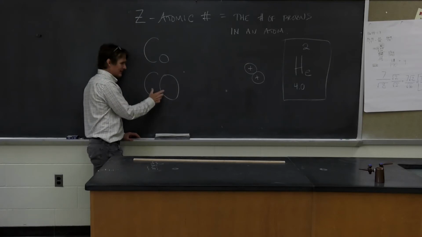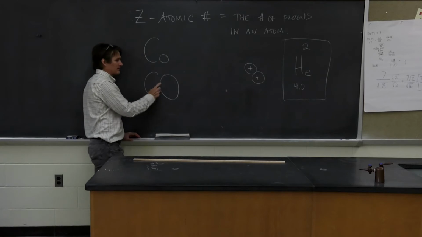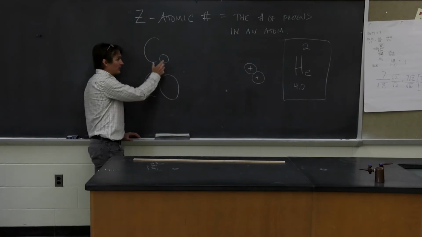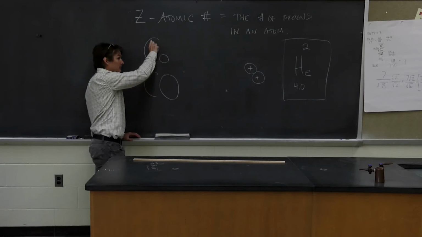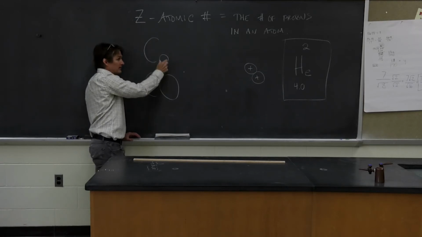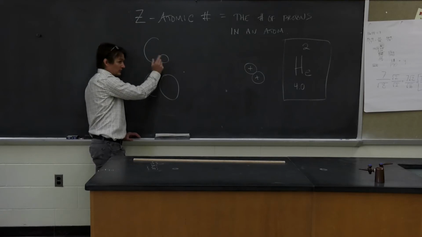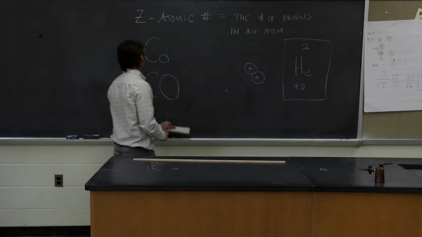To a chemist, this represents a molecule in which you have one atom of carbon and one atom of oxygen hooked together. Cobalt, you have that capital C for the first letter in the element. That second letter, if it's there, is always going to be lowercase. So make sure you pay attention to that.